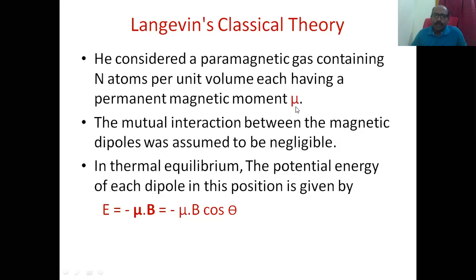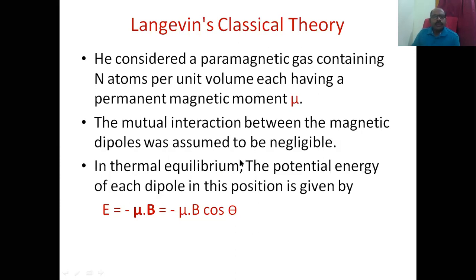It is not permeability. The mutual interaction between the magnetic dipoles was assumed to be negligible. That means there is more than one magnetic moment inside the gas considered, and the interaction from one magnetic moment to another is negligible. They only interact with the applied magnetic field. This is the assumption taken in this theory.